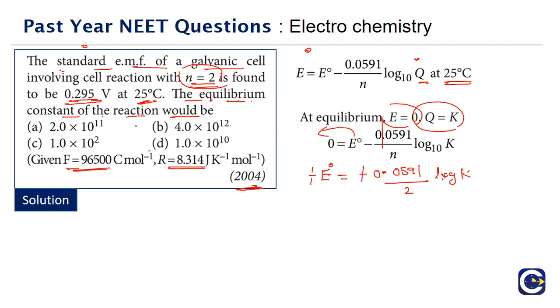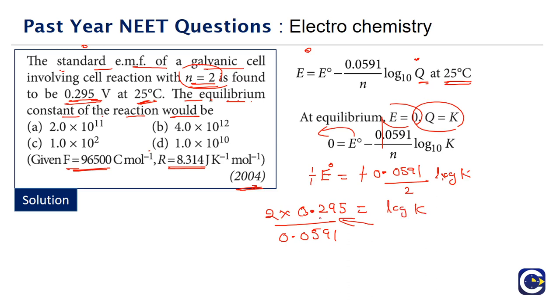The E naught value is given as 0.295. So 0.295 is equal to 0.0591 by n into log K. If you bring the 2 to this side, it comes to the numerator, and 0.0591 comes to the denominator, which will be equal to log K.